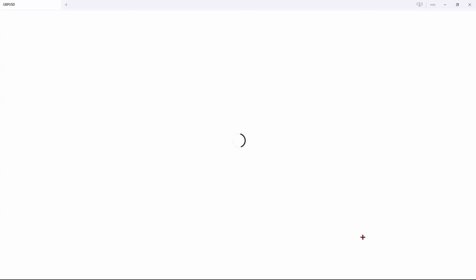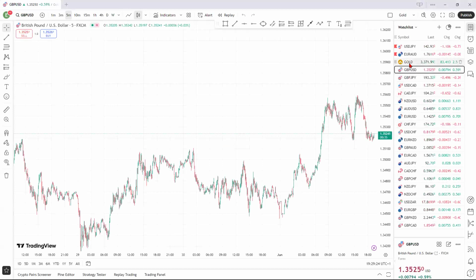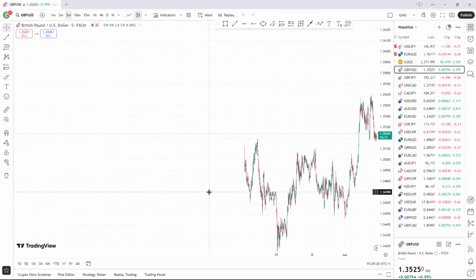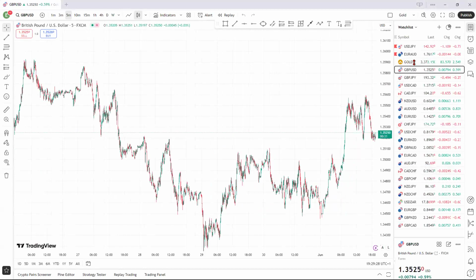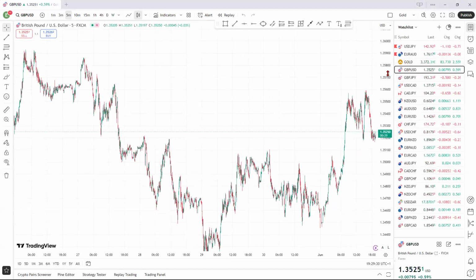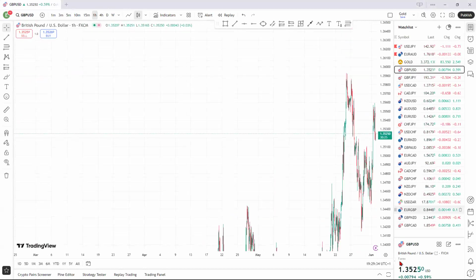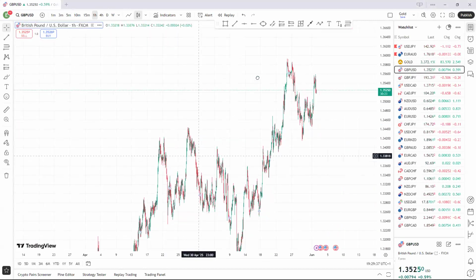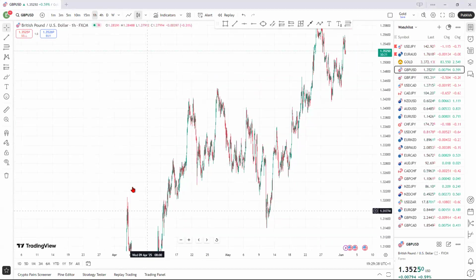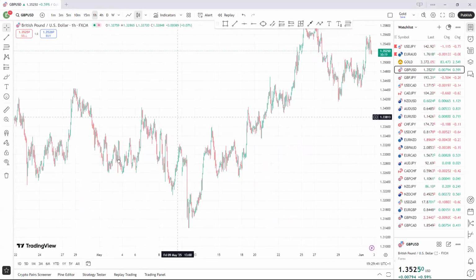Okay, it has loaded. Let's see GBP USD. Let me go from my higher time frame. So this is a 1 hour time frame, and if you look at the 1 hour time frame, you can see that we are bullish.